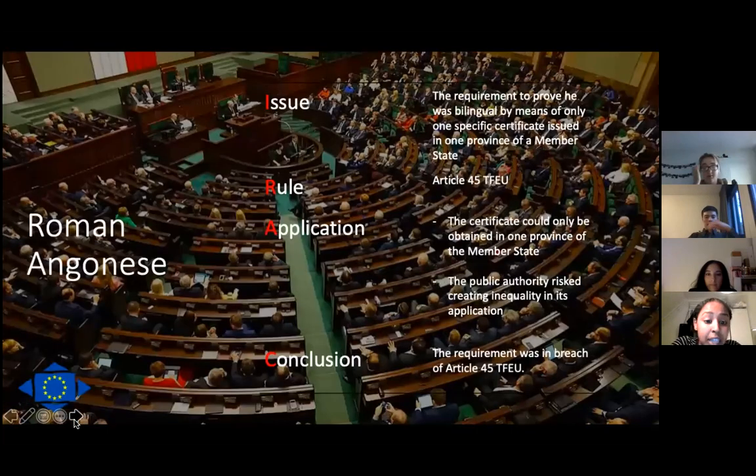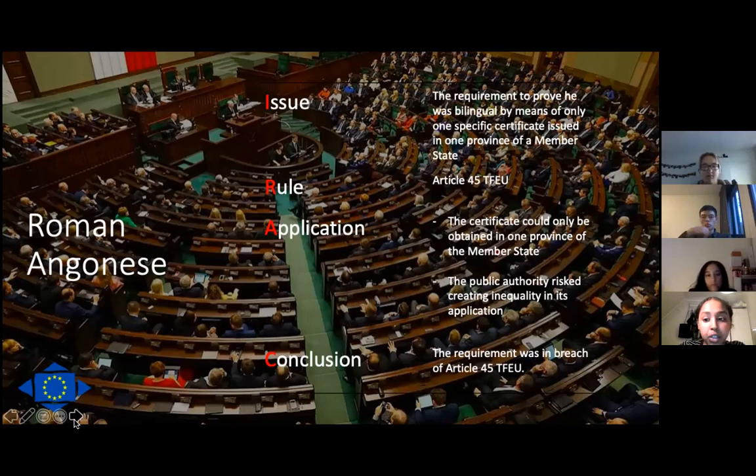A case that is an example of the horizontal effect of Article 45 is the following. The case is about Mr. Angonese, an Italian national whose mother tongue was German. Mr. Angonese applied for a job at a private bank in the Italian province of Bolzano. Bolzano used to be a part of the Austrian province Tyrol, but became part of Italy in 1927.